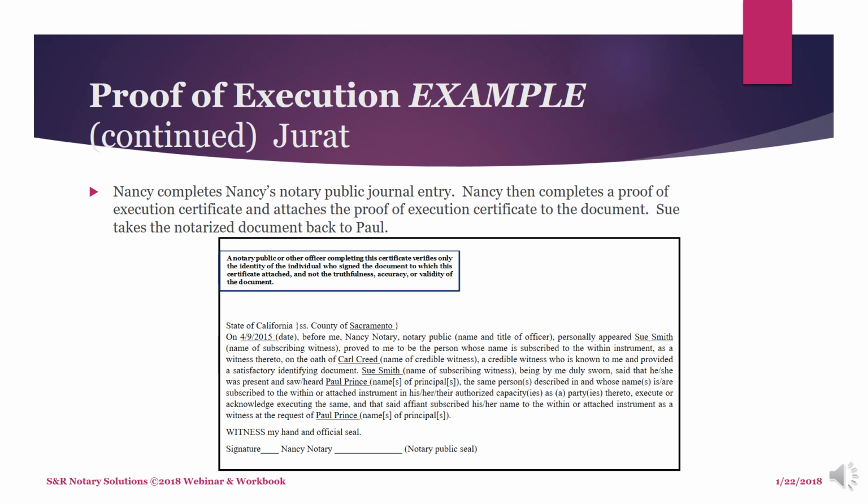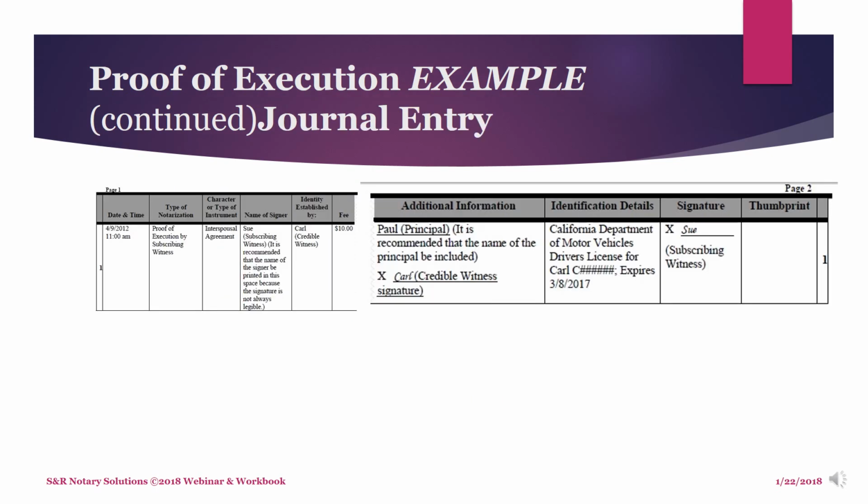Nancy then completes a proof of execution certificate and attaches it to the document. Sue takes the notarized document back to Paul, and you can see how one would look in this circumstance. Here you can see how Nancy would complete her notary journal entry.